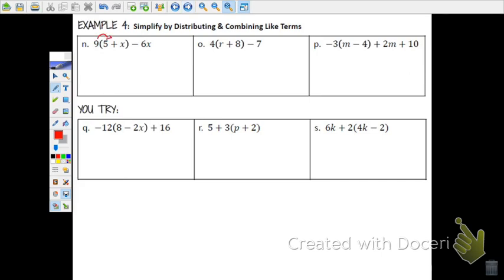So I'm going to distribute into the parenthesis only. 9 times 5 is 45, plus 9 times x. Drop down my -6x. Then I have like terms that I can combine. So I'm going to drop down my 45, then I'm going to combine my 9 minus 6, which is +3x.